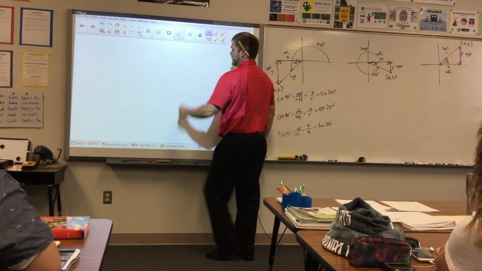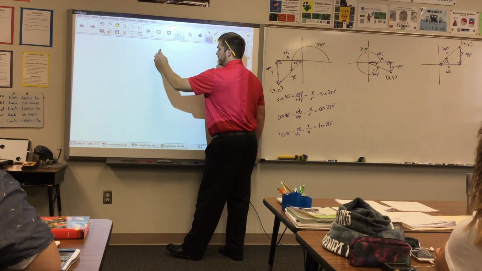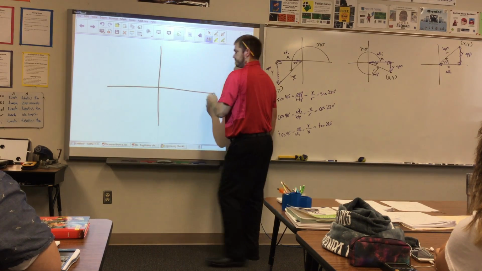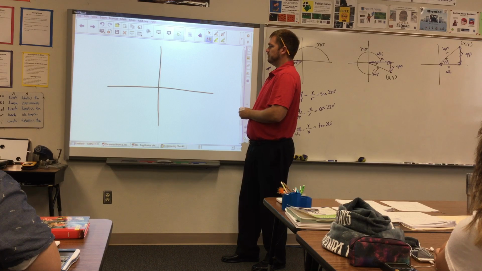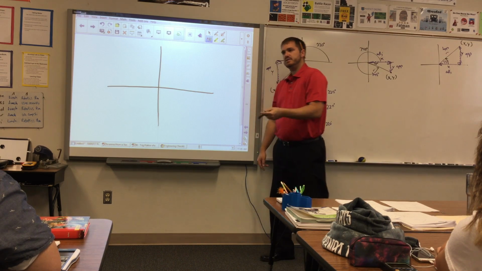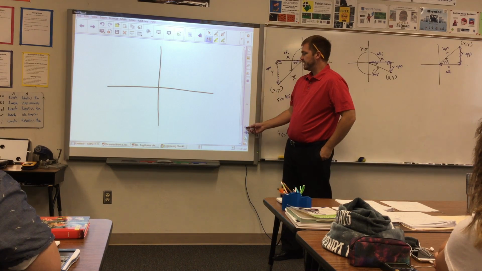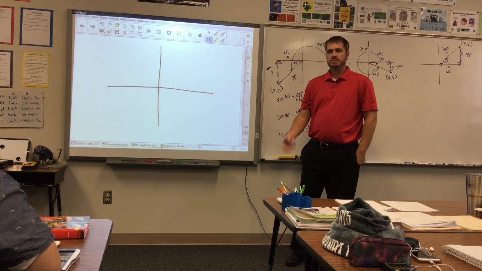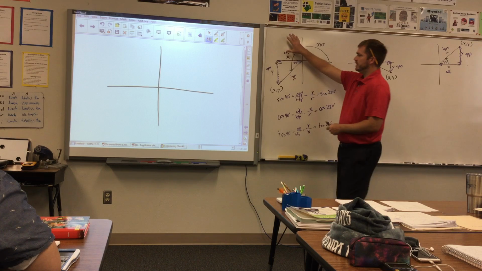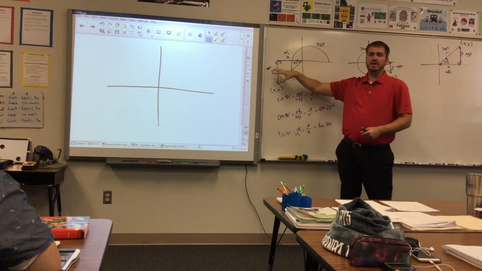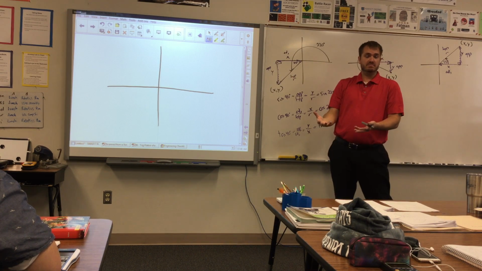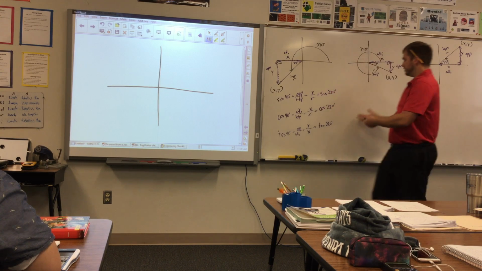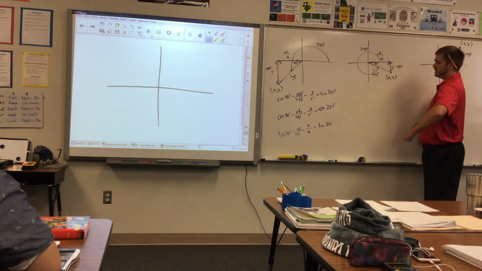So, I want us to think very quickly about when they are going to be positive and when they are going to be negative, because that's the one thing that I haven't really mentioned to you very much. This is going to give us the opportunity now, since we've got stuff in other quadrants, the x's and the y's are sometimes negative, okay? When we were dealing with just old regular triangles, everything was always positive.